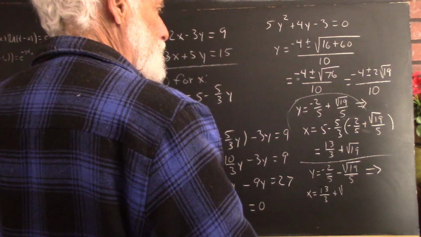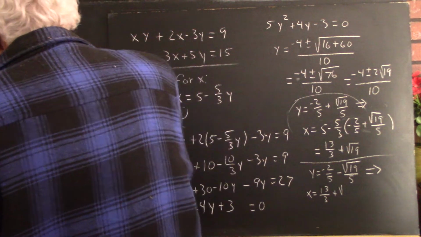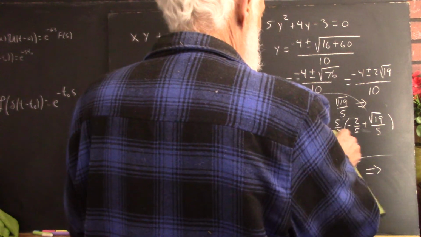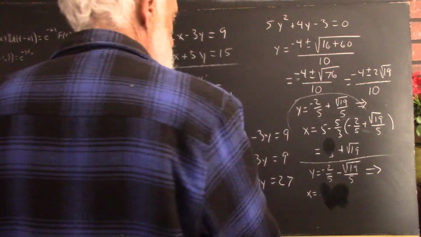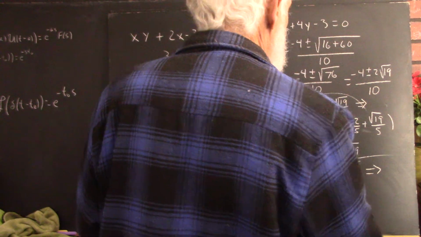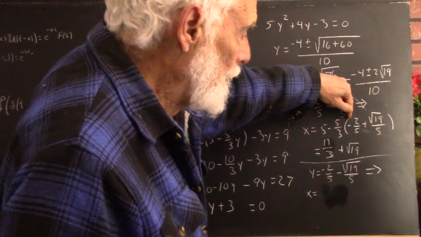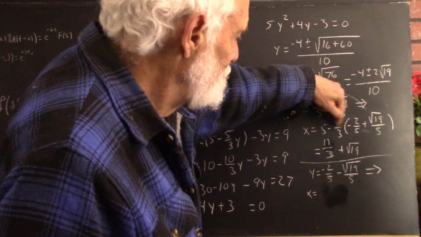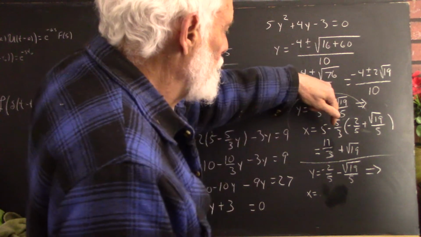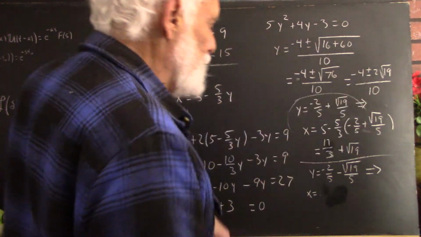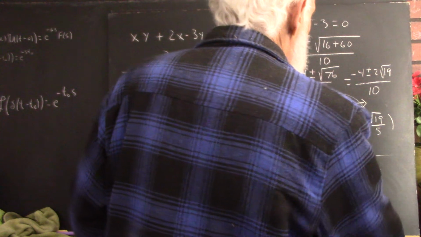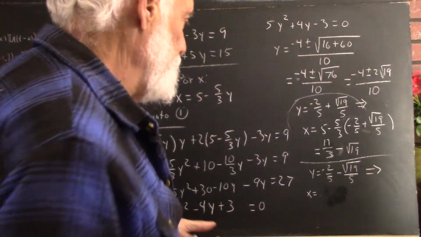Except really should be 17/3, and so should this. Okay, we have a minus the minus there, which is a plus 2/3. And then of course we have a minus this quantity times this, which is going to give us a negative. So we have minus the square root of 19.